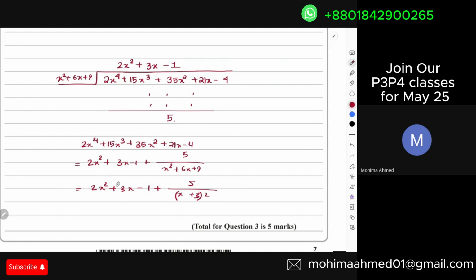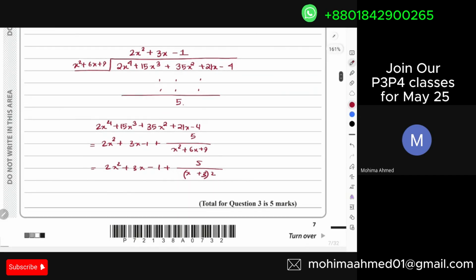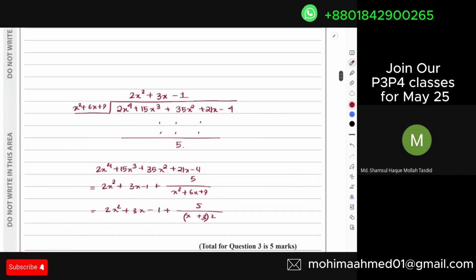So this is another format that you could have used, but this will also be lengthy because it's a very large polynomial to divide over here. Is this clear, Tashdeed? Yes, yes. This is your method 2 you can consider.